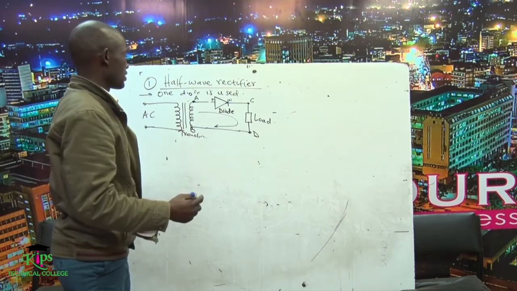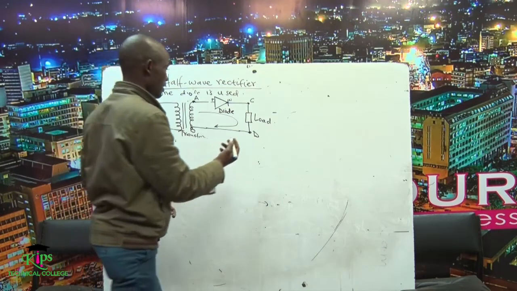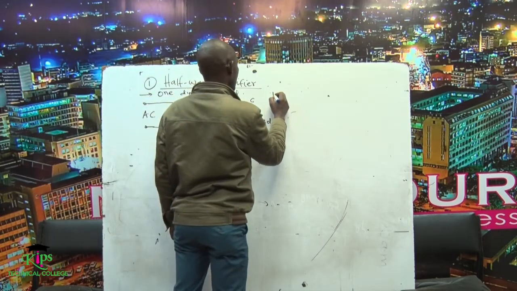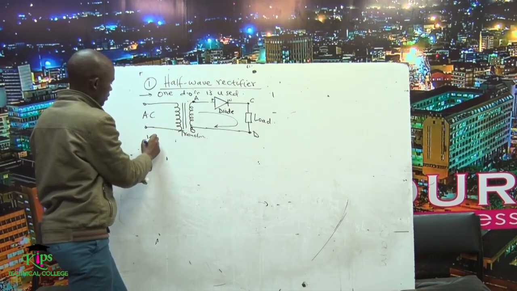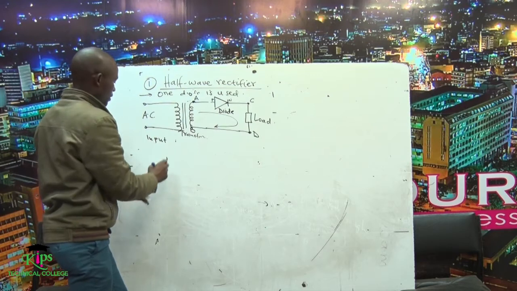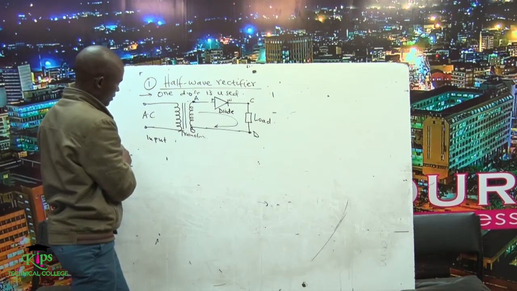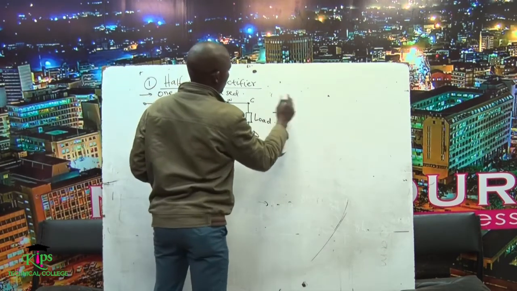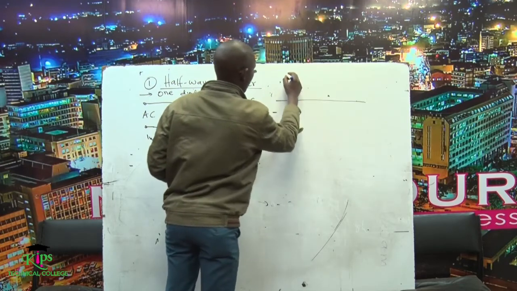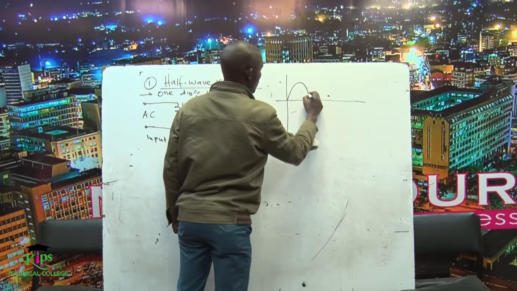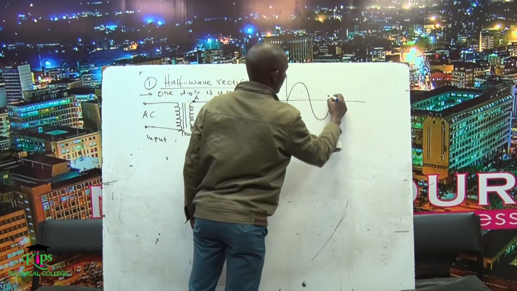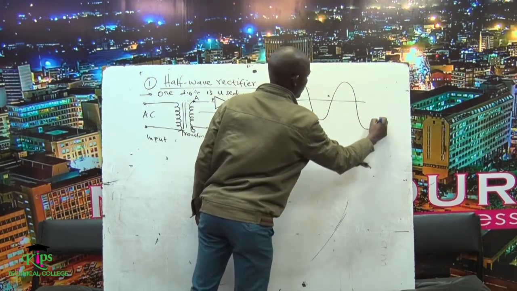We can draw the voltage and the current waveforms. We have said at the input point, you will be having this cycle coming like that, like this, like that.